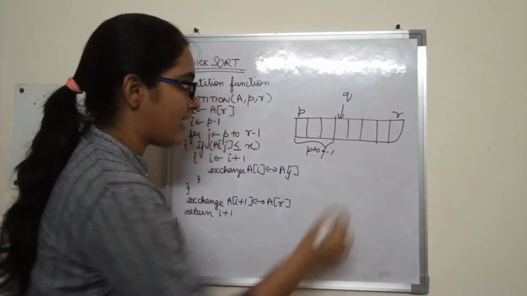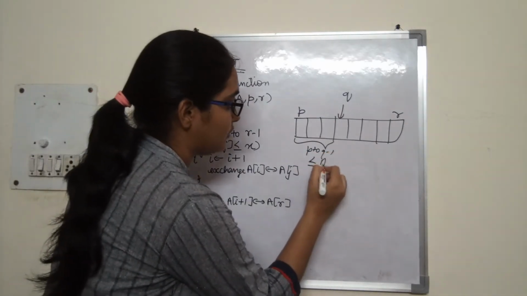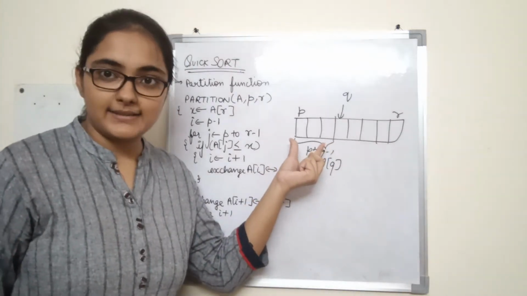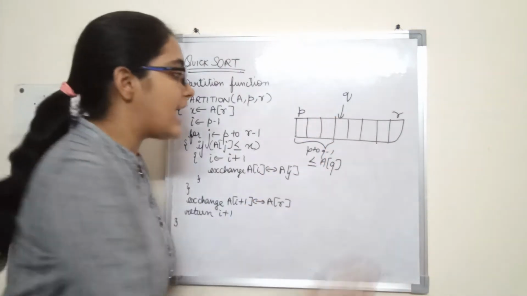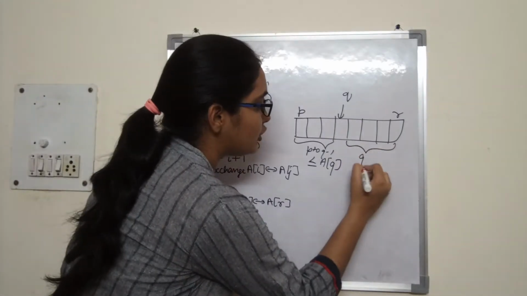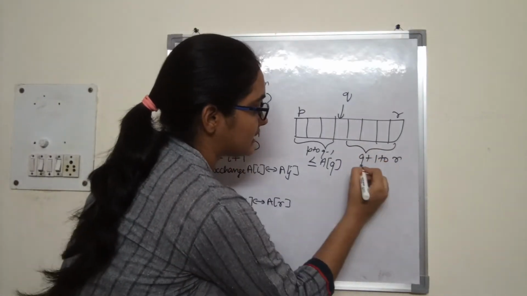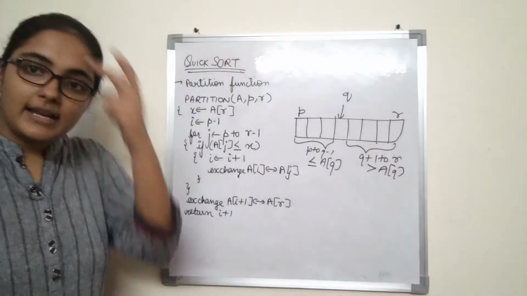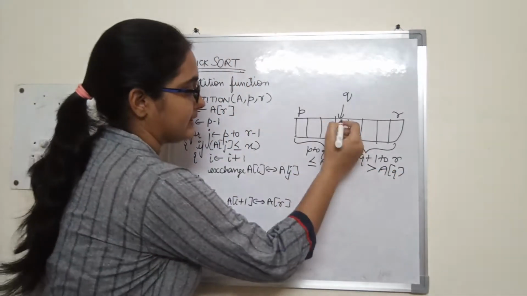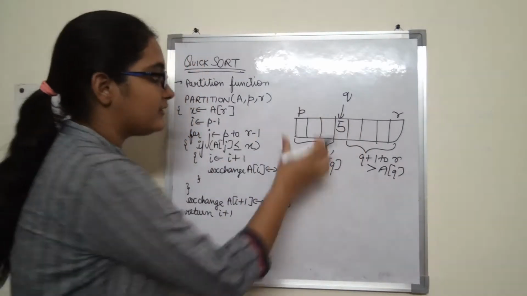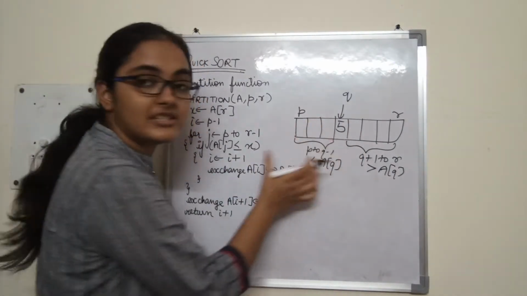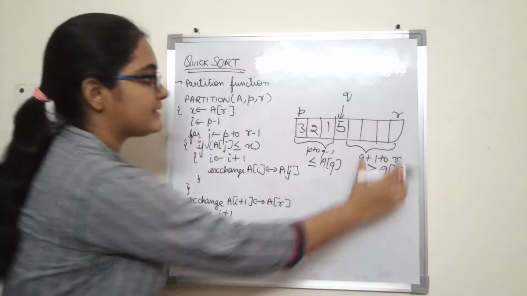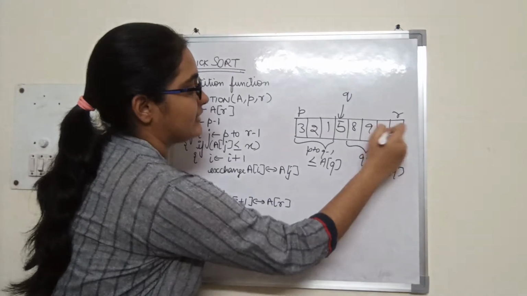these elements have to be less than or equal to A of Q. All the elements in this part have to be less than or equal to A of Q, and all the elements from A of Q plus 1 to R have to be greater than A of Q. Let us say A of Q is 5, then this set can contain, just as an example, 3, 2, 1, and this set can contain 8, 9, 7, 6.